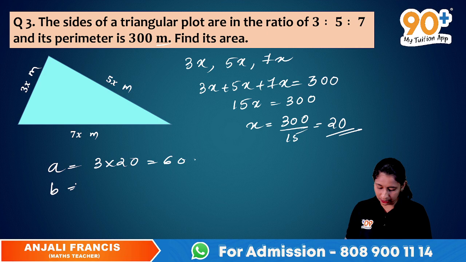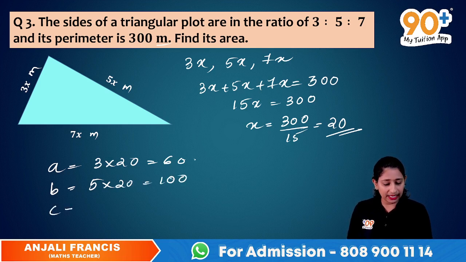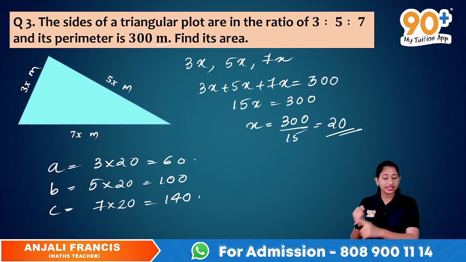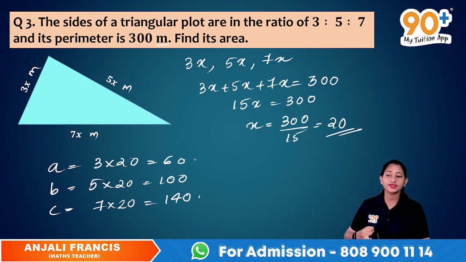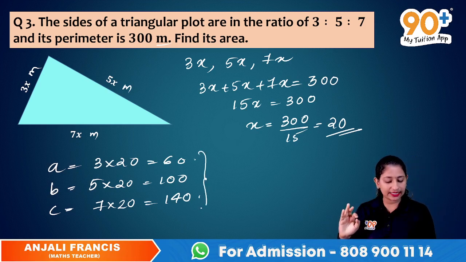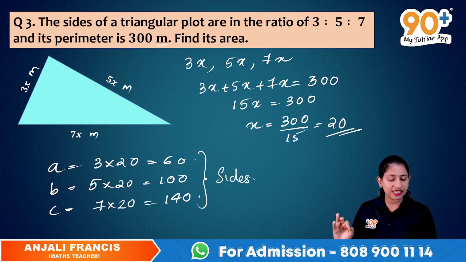Then b is 5 into 20, which is 100, and c is 7 into 20, which is 140. So we already got the sides.